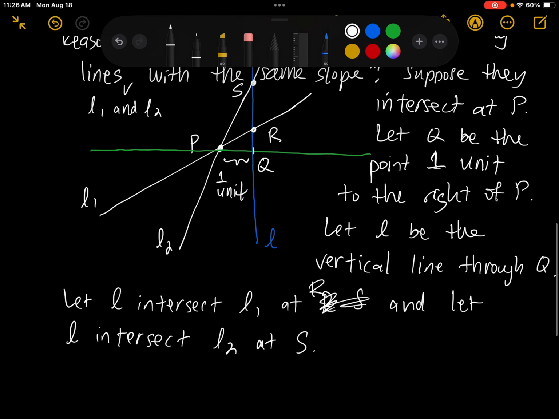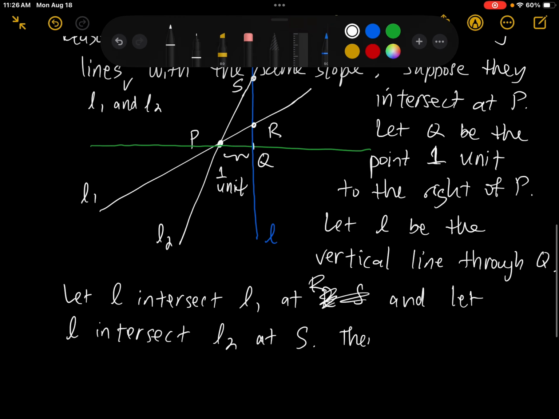Well, then these two lines have the same slope, and so SQ over PQ must equal RQ over PQ, because SQ over PQ is the slope of L2, right?